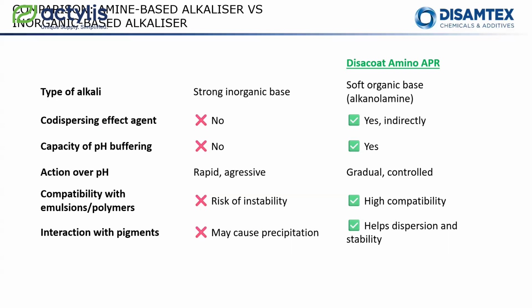But thinking specifically for inorganic bases like ammonia, they act very rapidly and aggressively on pH, often leading to instability or even pigment precipitation. In contrast, Dacode Amino APR provides a gradual, controlled action, ensuring high compatibility with emulsions and polymers and greater formulation stability overall.